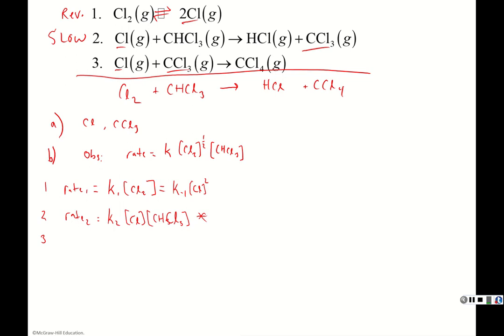But again, this includes Cl, and that's an intermediate. We'd like to write our overall rate law without being in terms of an intermediate, so we want only reactants. Rate 3 equals k3 times Cl times CCl3.